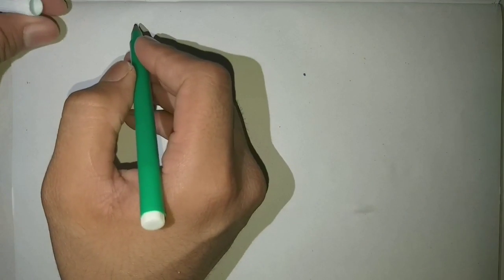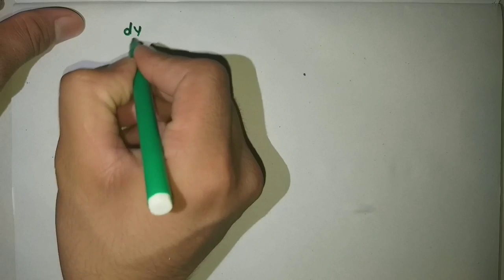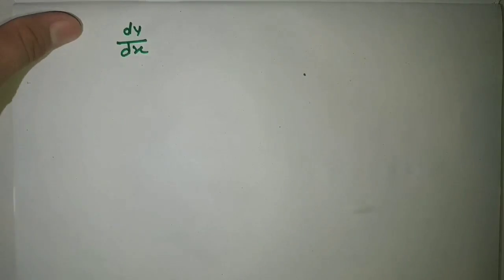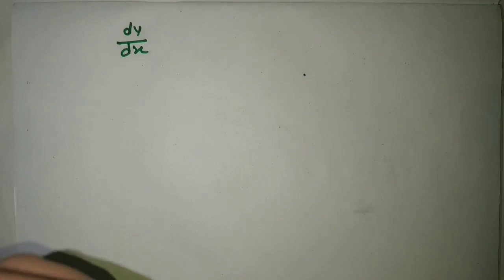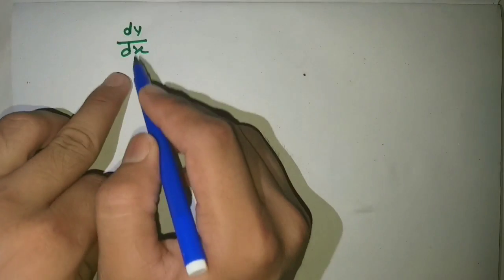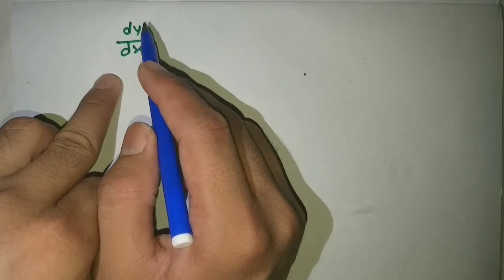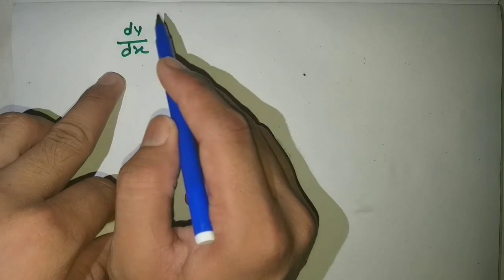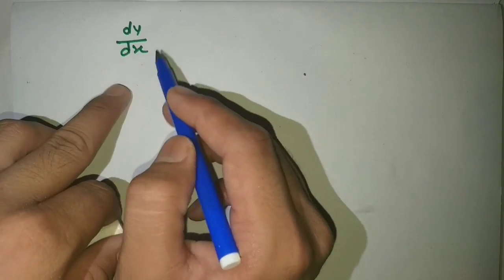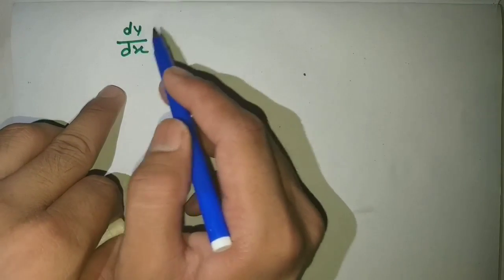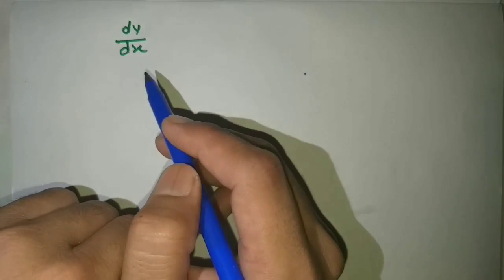First of all, we need to know what a derivative, or dy/dx, generally means. Here, dy/dx says the change in y with respect to x. What is the change in y with respect to x?